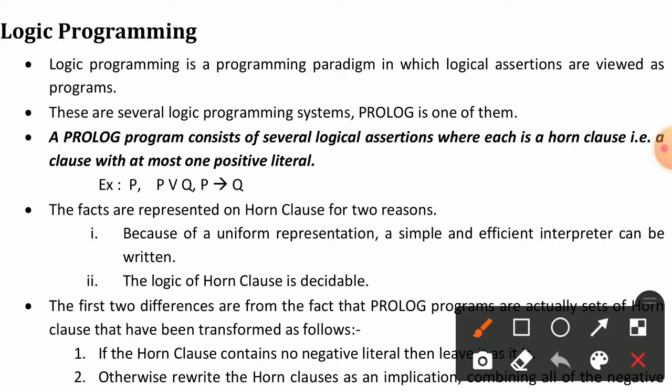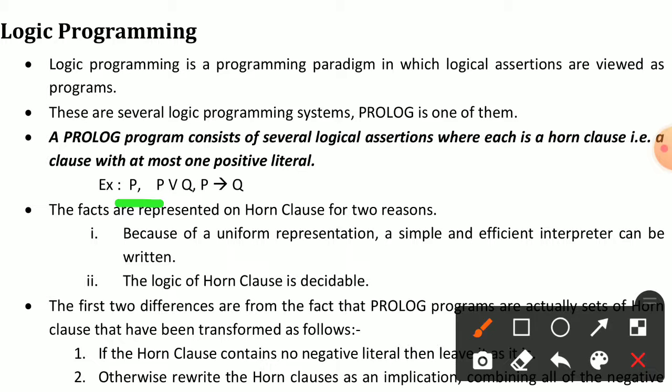Here one example is given: P, comma, P or Q, comma, P to Q. So with this type of example we can use Prolog programming. In your practicals, different programs are given for Prolog, so you can perform those programs and learn Prolog.